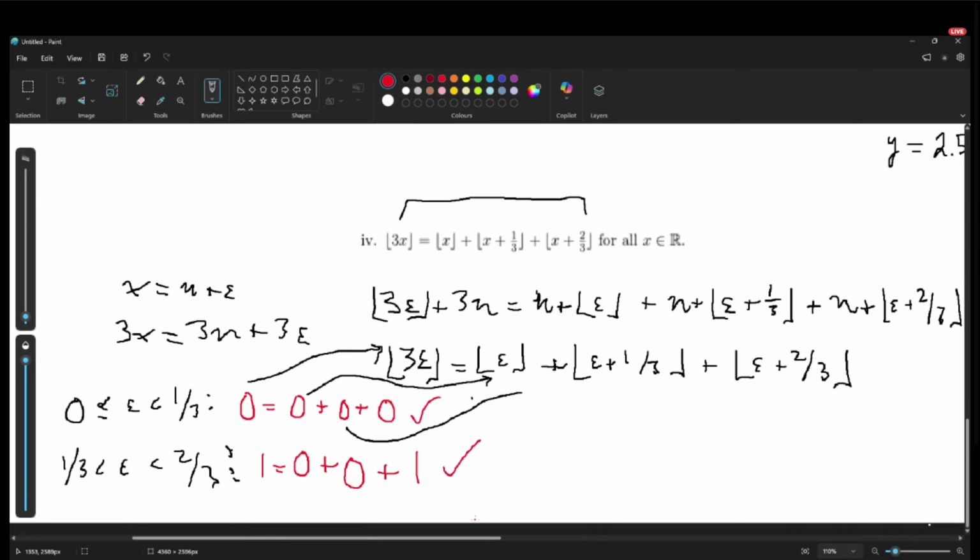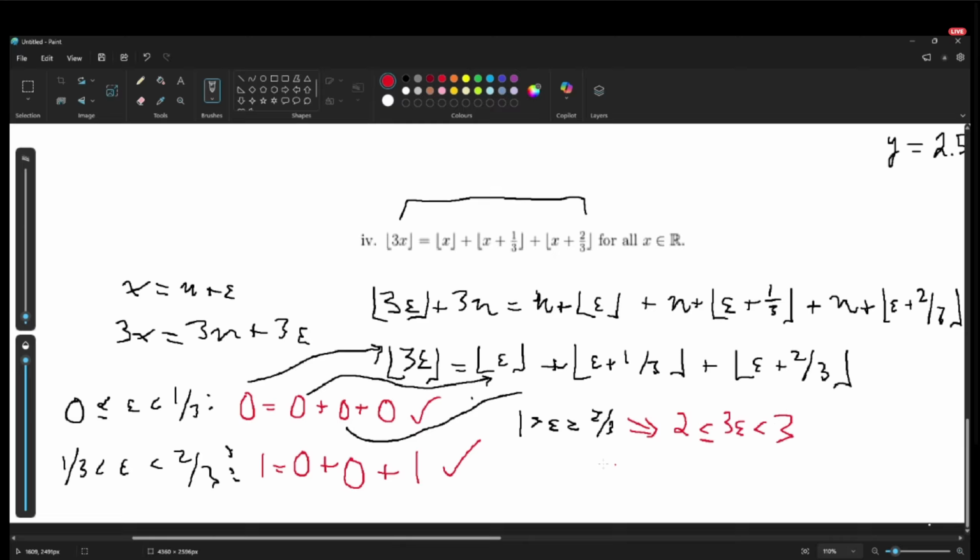Now the other case is that epsilon is more than or equal to 2/3, but it's still less than 1. Let's see if this checks out. What this implies is that 3 epsilon is in between 2 and 3.